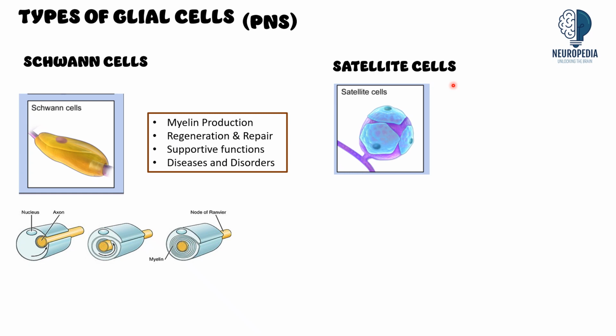Satellite cells. These are a type of glial cells found in the peripheral nervous system, and they are specifically associated with nerve cell bodies located within sensory and autonomic ganglia. They play a unique role in supporting and maintaining the health of neuronal cell bodies.